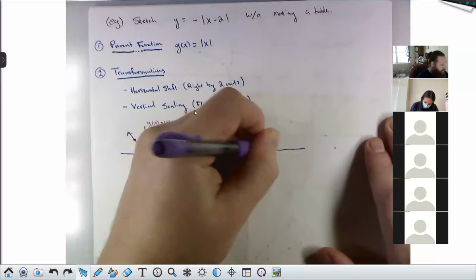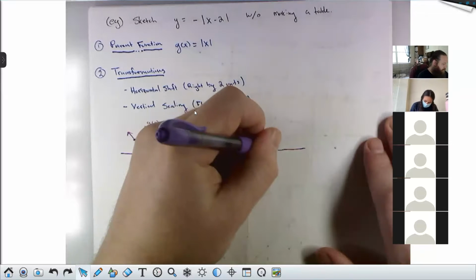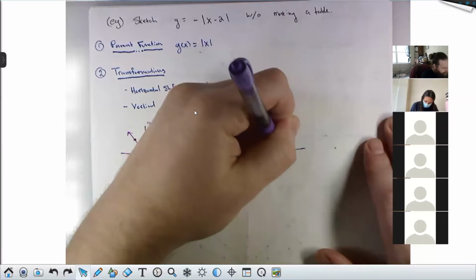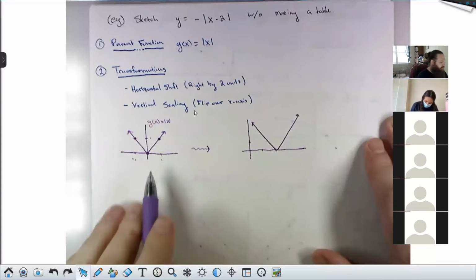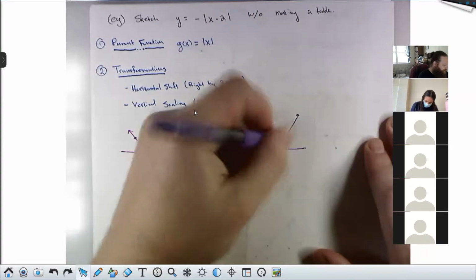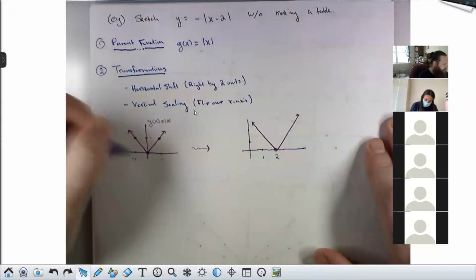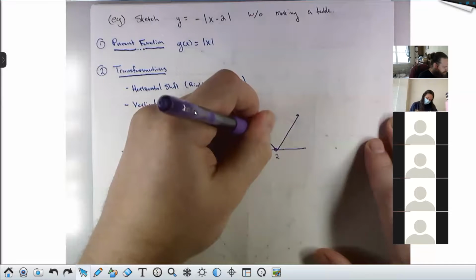So here's (1, 2). And you track where each of those points go. (0, 0) goes to (2, 0). (-1, 1), where does that go? Well, if I move that to the right by 2, then that's going to go to (1, 1).